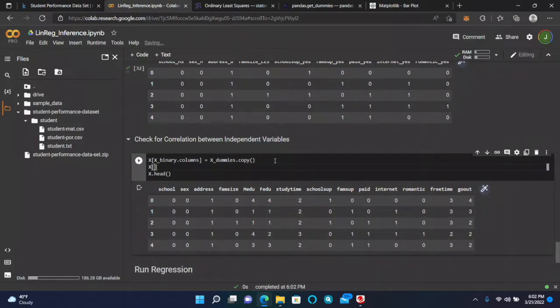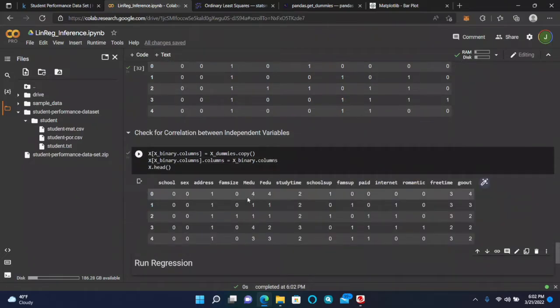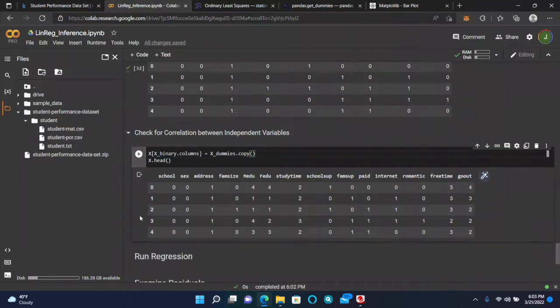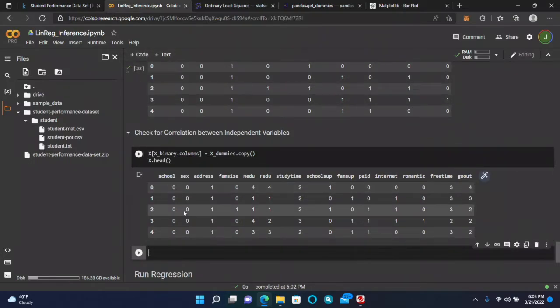With that, I also want to change the actual column names. That didn't work. Oh well, that's fine. So school is now zeros and ones, sex is zeros and ones, address ones, and so on. The ones that we did not dummy encode are still 1, 2, 3, 4, and so on. But that's all good. Everything is now an integer, and we can check the correlation.